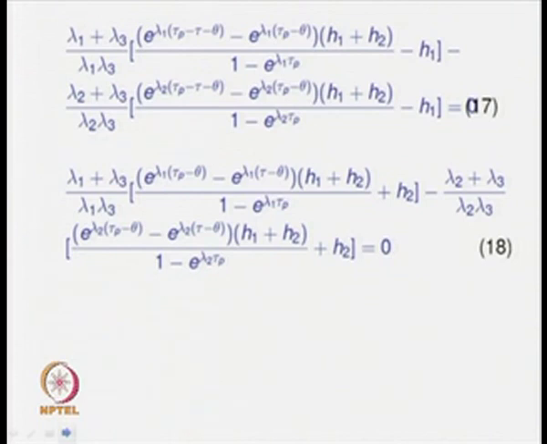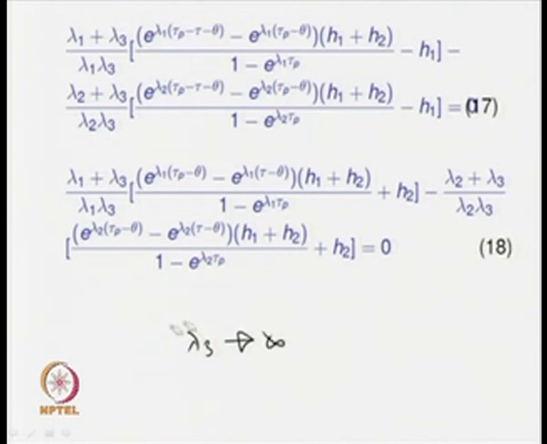Now, I will rewrite equations 17 and 18 with the limiting values of lambda 2 tends to minus infinity and lambda 3 tends to infinity.